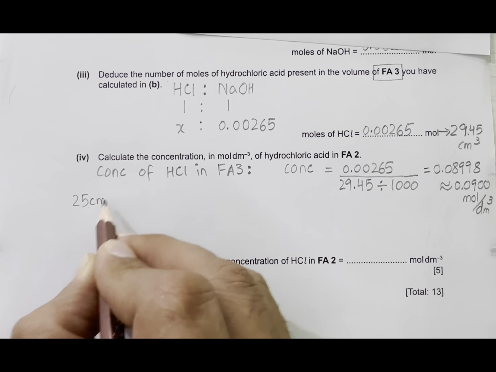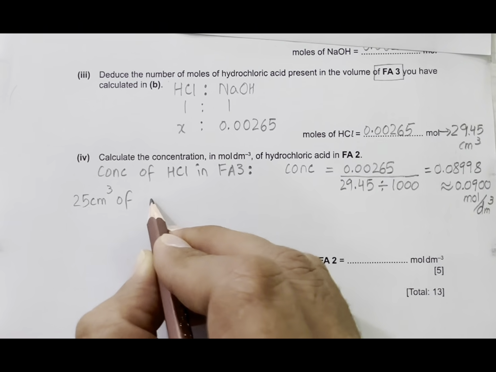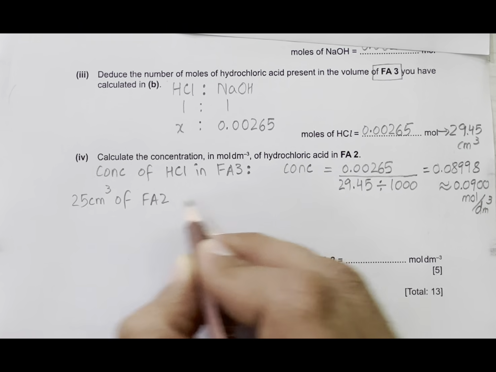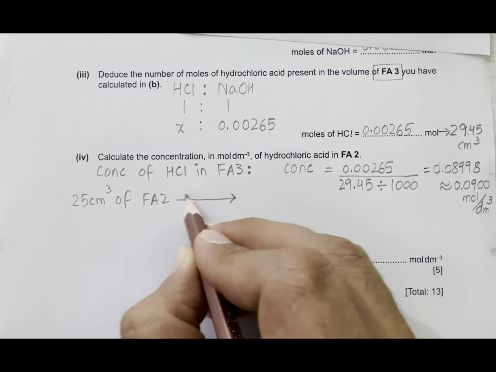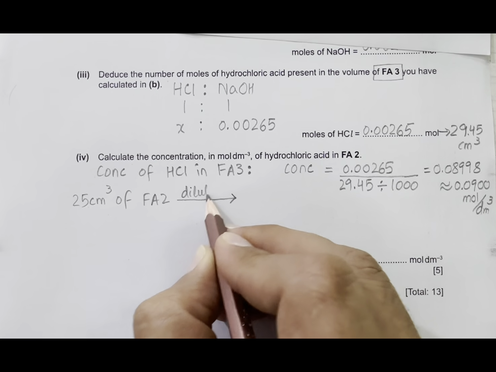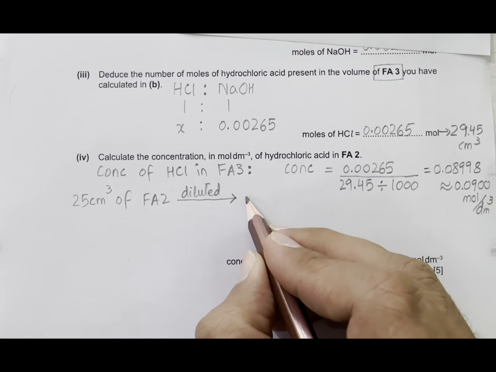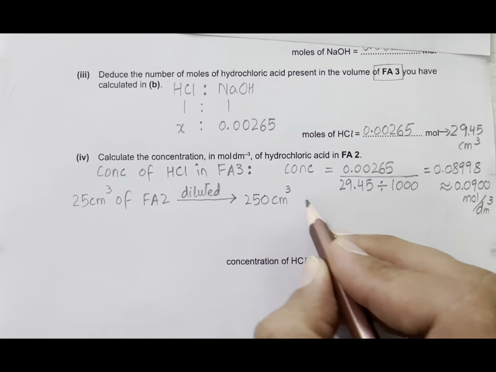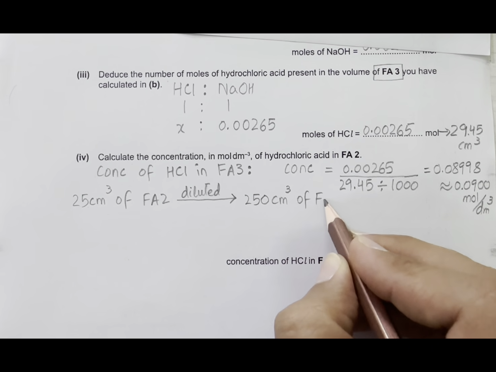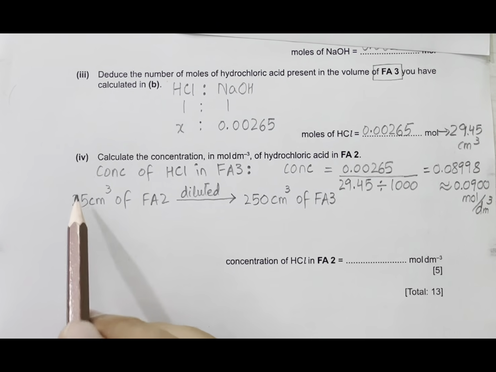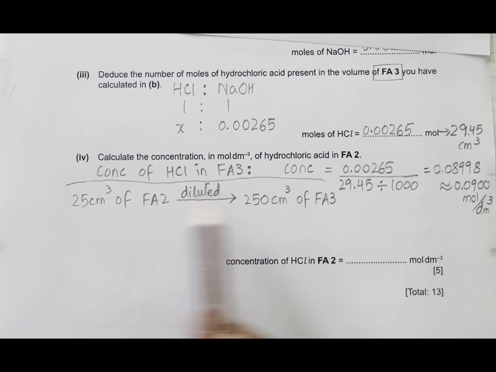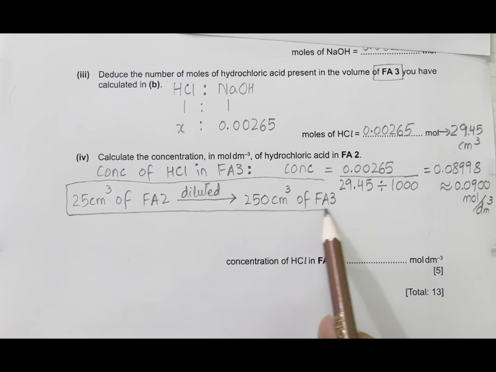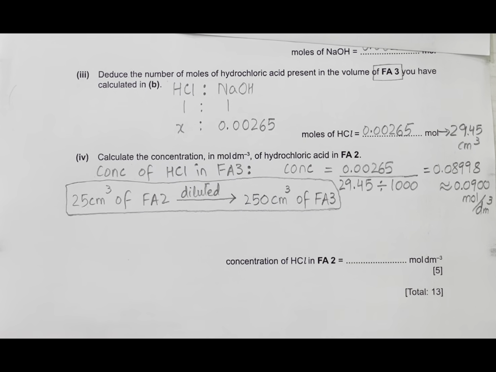So 25 cm³ of Fa2 was diluted to form 250 cm³ diluted solution of Fa3. So this was the case of dilution, which means you have diluted your original Fa2 almost 10 times.